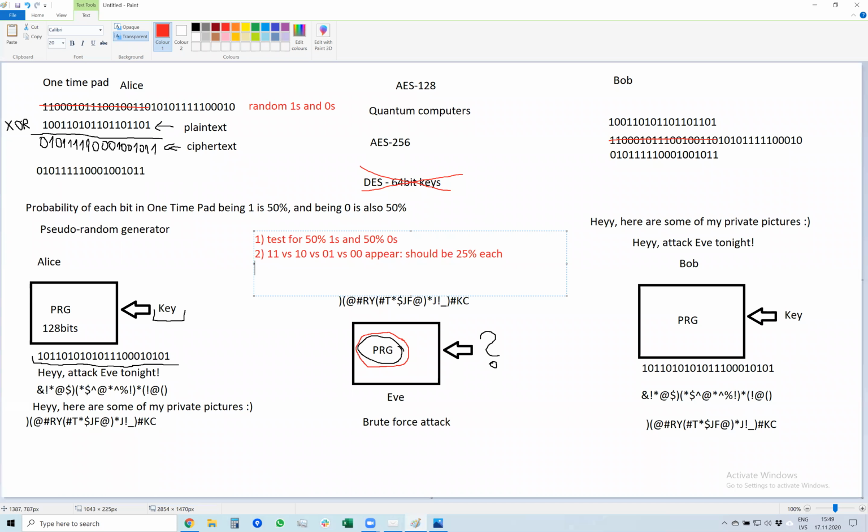Then the next test would be 1 1 1 versus 0 0 0 versus 0 0 1 versus 0 1 0 and so on, and each should be 12.5%.